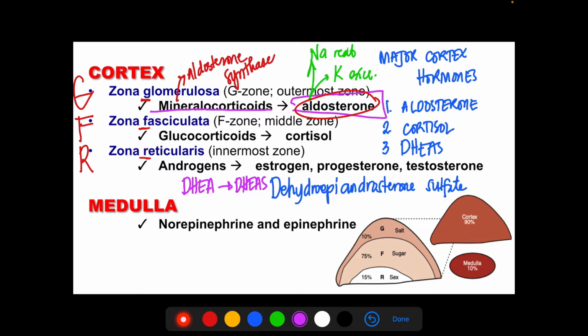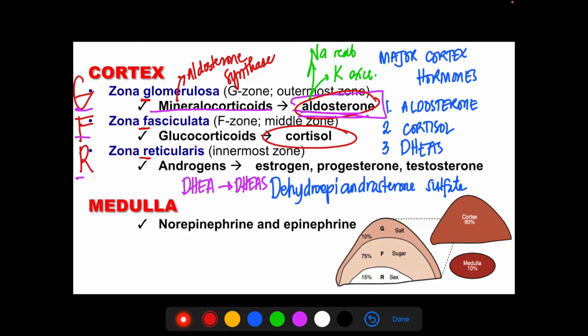So you have to take note here, GFR. So the zona glomerulosa is capable of producing aldosterone, which balances, of course, the salt levels in the body. Whereas the zona fasciculata is responsible for producing glucocorticoids, which is, of course, responsible for balancing the sugar level of the body with the help of your cortisol.